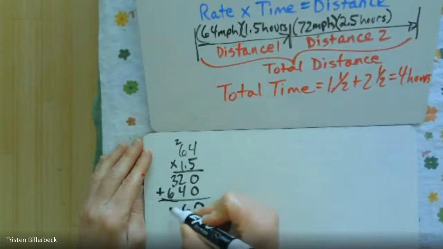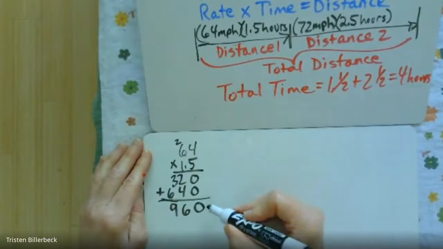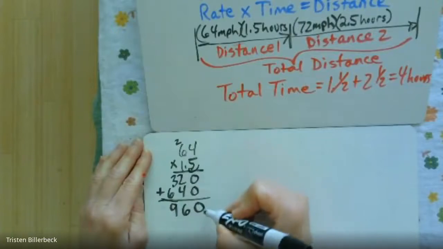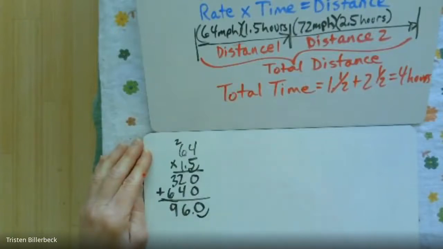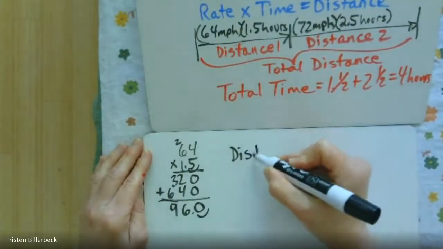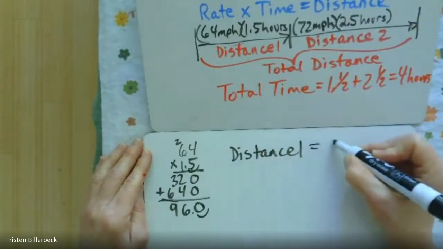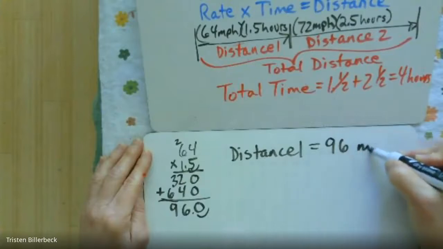So we have 0, 6, 9. Oh, we have to move the decimal. So our total distance for distance 1 is 96 miles.